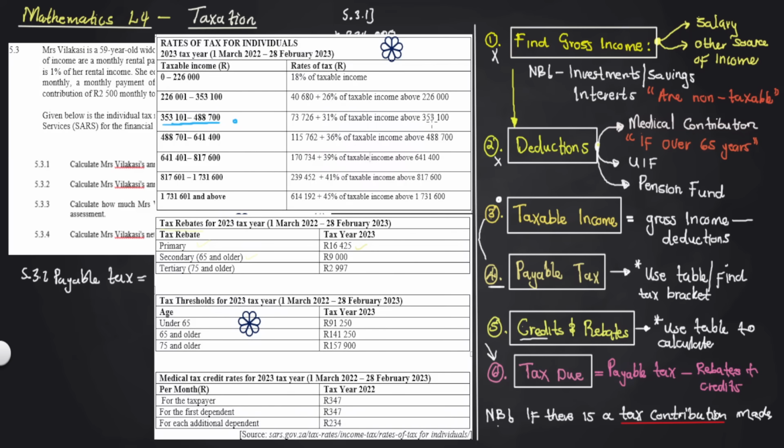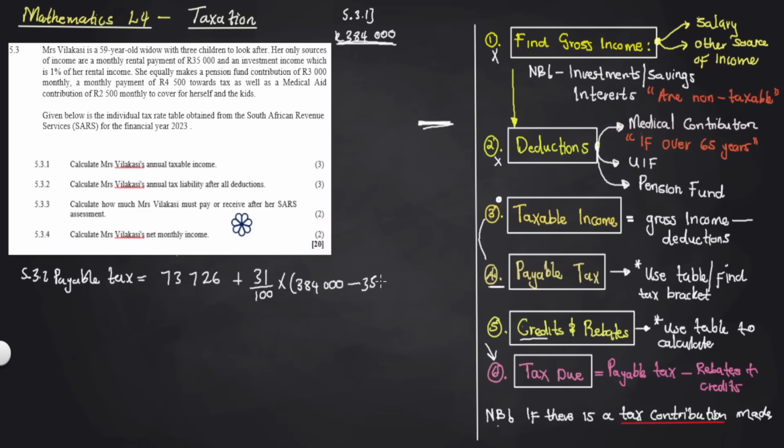This 353. So it's the amount we calculated, the taxable income, minus whatever value we are told. All right, 353,100. Close bracket. Then 73,726 plus 31 over 100 multiplied by 384,123 minus 353,100.